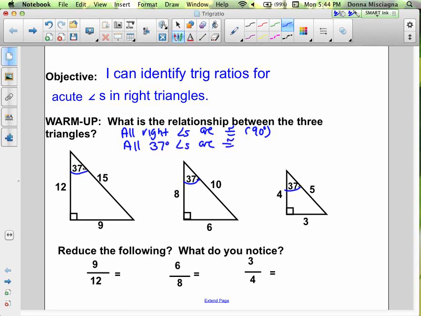All right, so our triangles here are similar to one another because they've got two corresponding angles that are congruent. So the triangles are similar, using the angle-angle triangle similarity postulate.